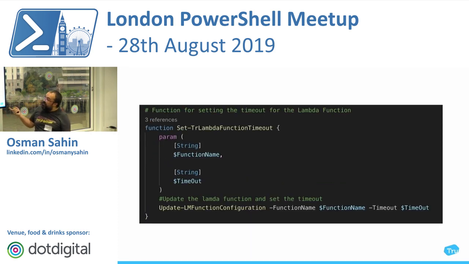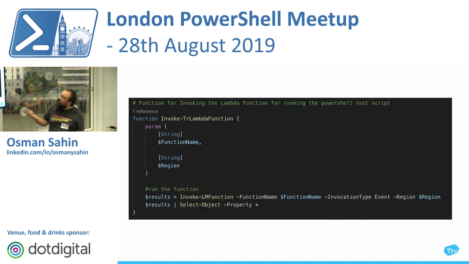My next function is I need to set up a timeout, right? I want to change the timeout from time to time and see the different timing. I want to test the health probes on Front Door, so I need to set up a timeout. It's a basic, simple line. You choose your function name, put your timeout here, and update the function.